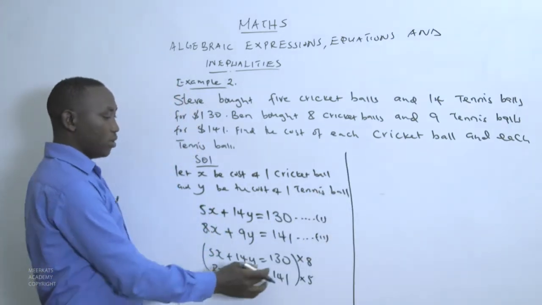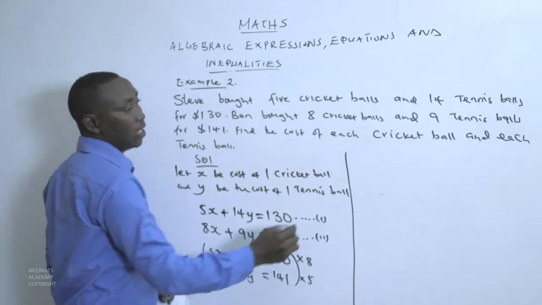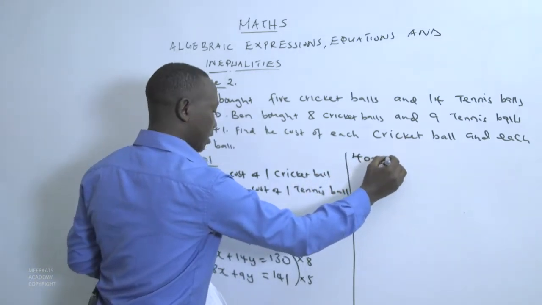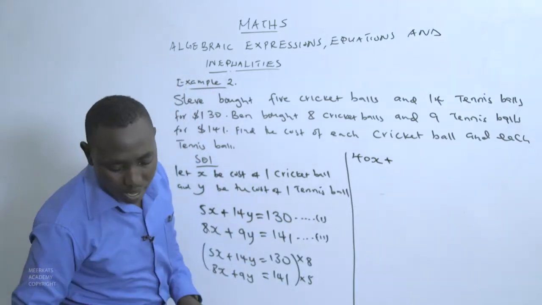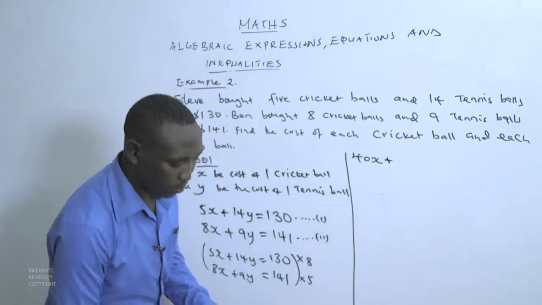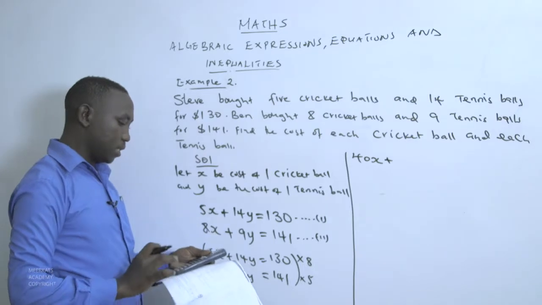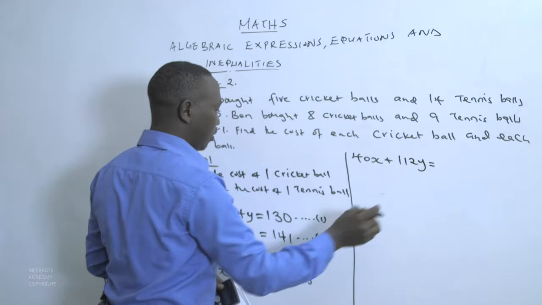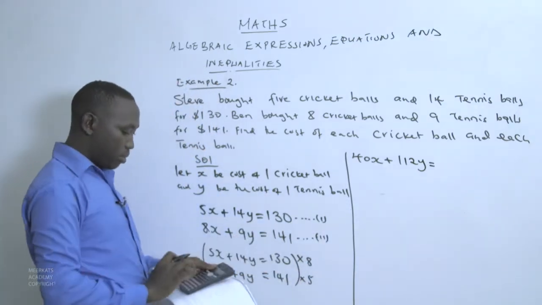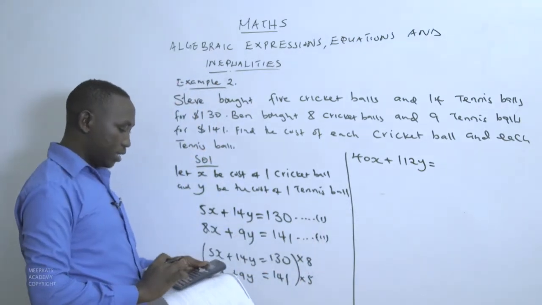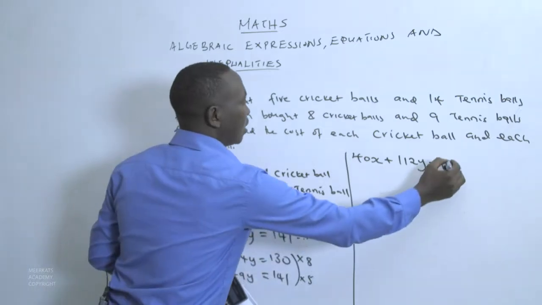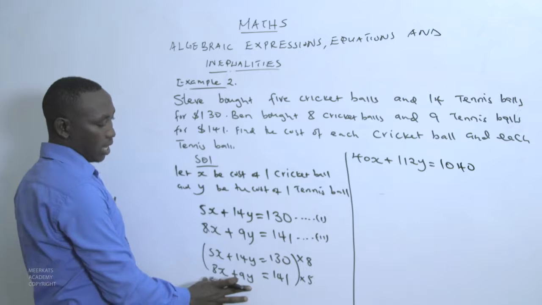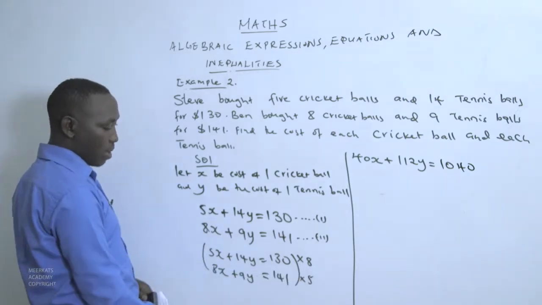When you do that, 8 multiplied by 5x gives you 40x, plus 14 multiplied by 8 gives us 112y, which is equal to 130 multiplied by 8, which gives us 1040. In the second equation, we are multiplying all through by 5.